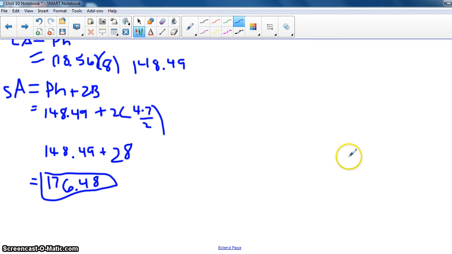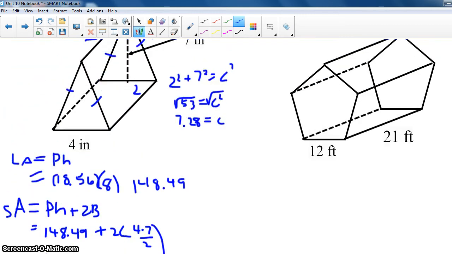Finally, we need to find our volume. So let me go back up to where you can see the figure here. Our volume is just that big B times H. So it's going to be the base of our triangle times the height of our triangle divided by 2.